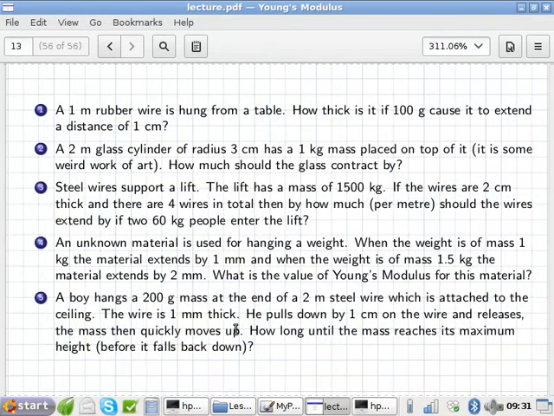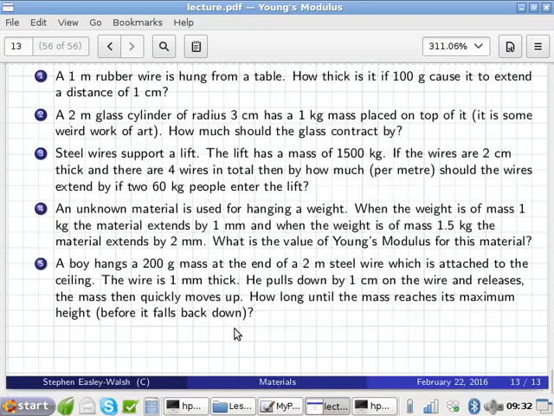An unknown material is used for hanging a weight. When the weight is of mass 1 kilogram, the material extends by 1 millimeter. And when the weight is 1.5 kilograms, the material extends by 2 millimeters. What's Young's modulus?